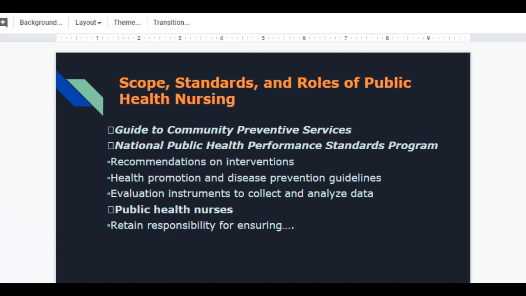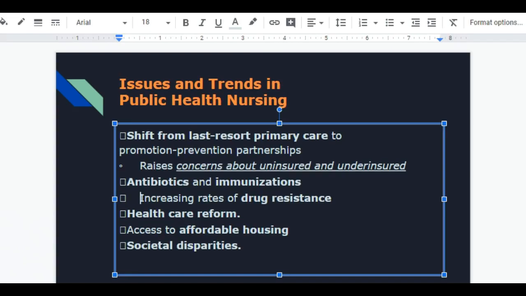There's also evaluation instruments to collect and analyze data that you can use from this National Public Health Performance Standards Program. The thing that I want to make sure you know about this slide is that nurses specifically retain responsibility for knowing that all populations have access to affordable, quality healthcare services. That's really on nursing.